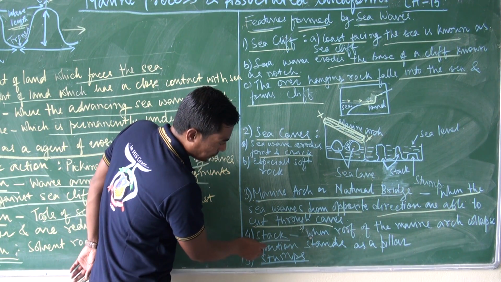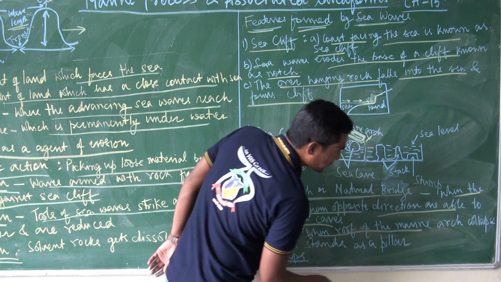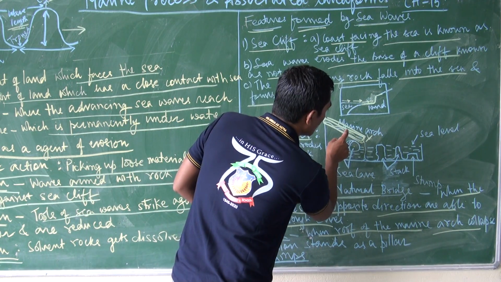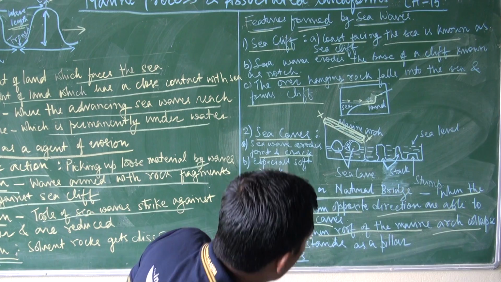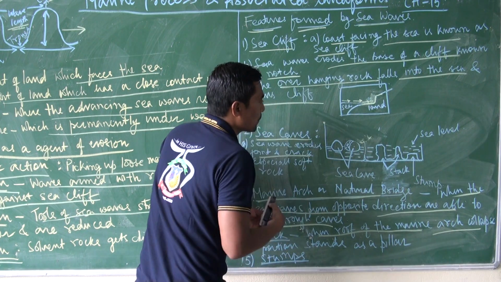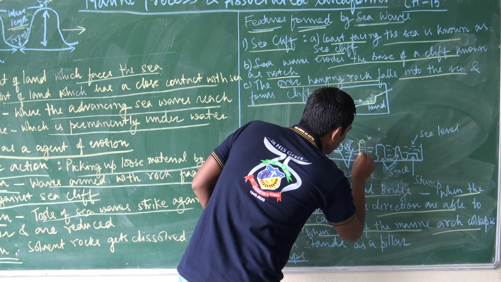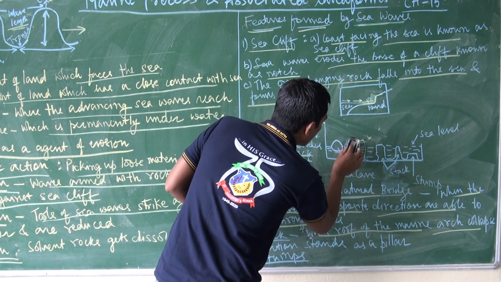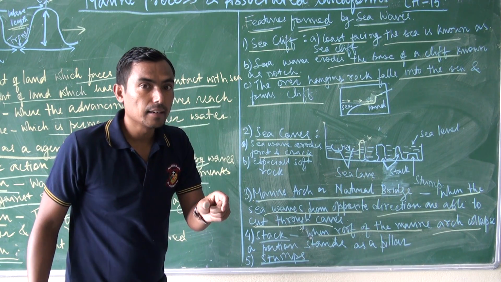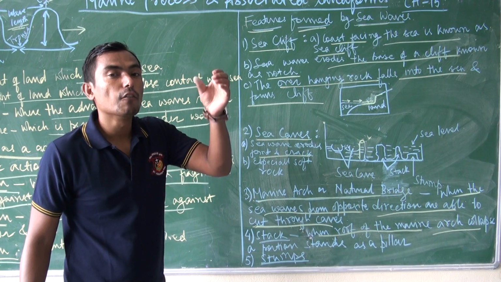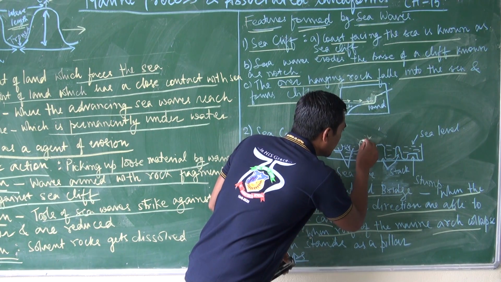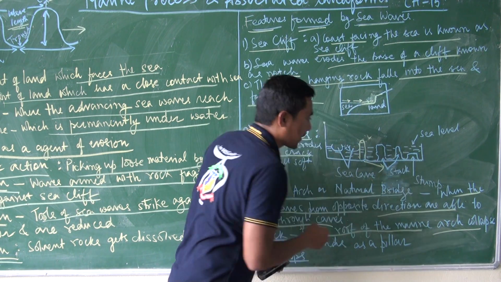Next is stack. When the roof of the marine arch collapses as time passes by, it results in the remaining part of that land remaining in the form of a pillar, and this pillar is known as a stack.